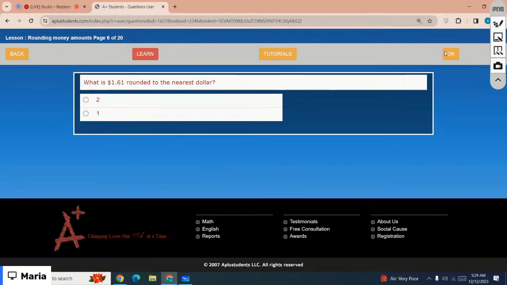Yes, 1.61 is rounded to $2. The correct option is $2.